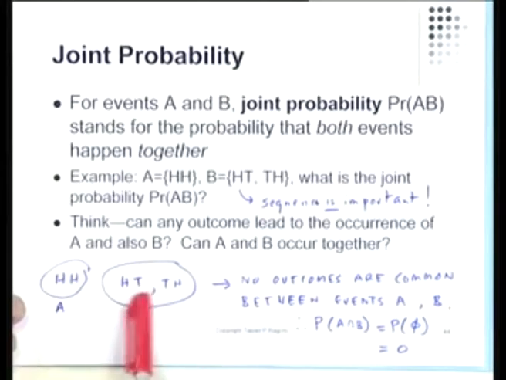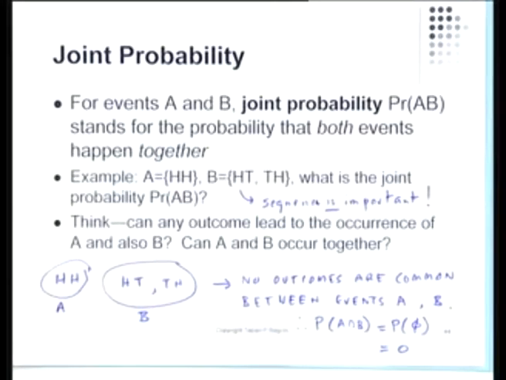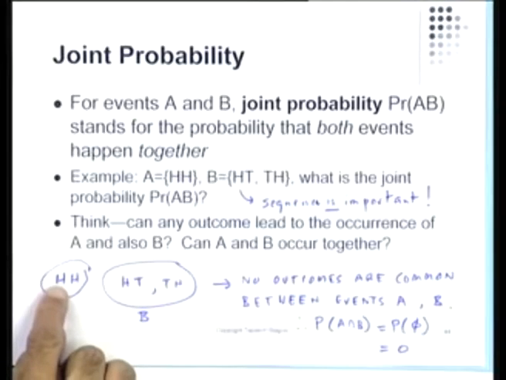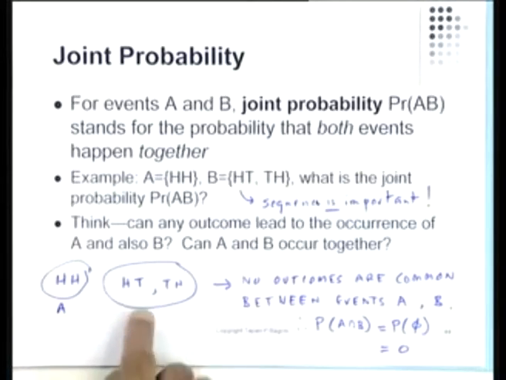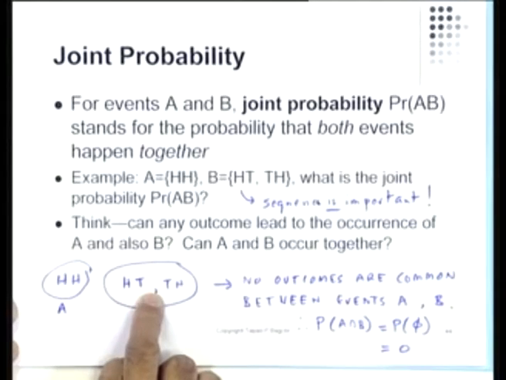The outcomes have nothing in common. The outcomes are really the sequence of two events. One is the observation of head, then the observation of tail. So if I find head, I say event A has occurred. If I find head and then tail, or tail and then head, I say event B has occurred. Nothing is common between them.